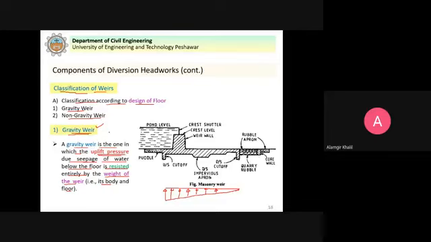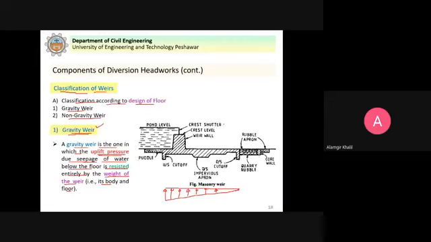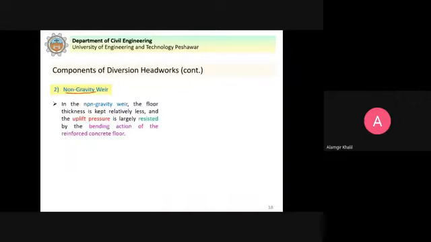Same concept applies to dams. We will study dams later on. And we have the non-gravity weir. So this is an example. Clear? In the non-gravity weir, the floor thickness is kept relatively less and the uplift pressure is largely resisted by the bending action of the reinforced concrete floor, in addition to the weight.